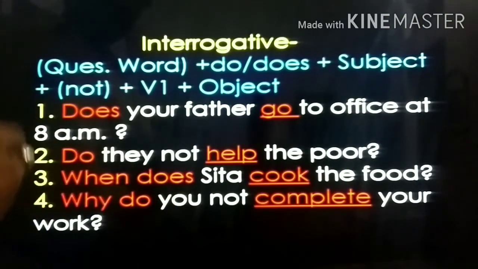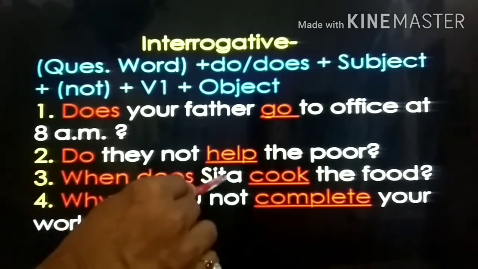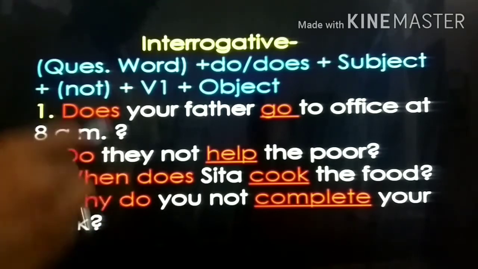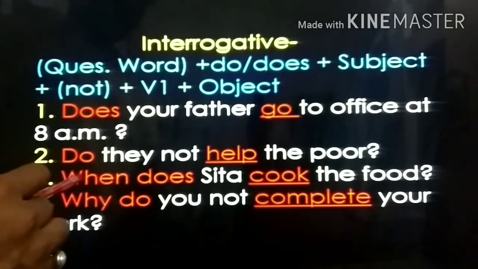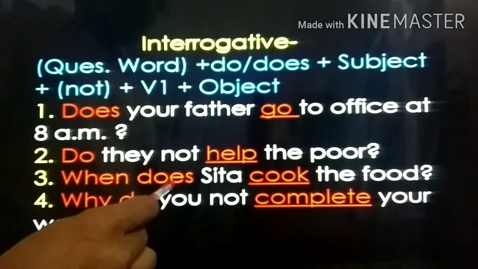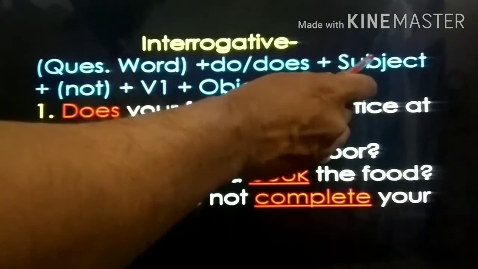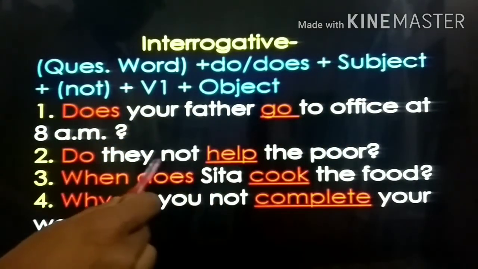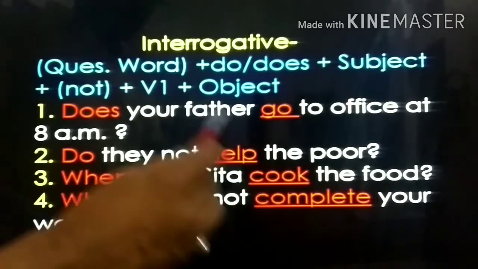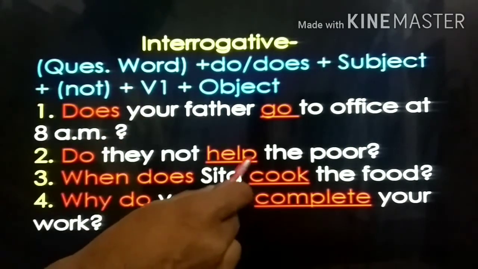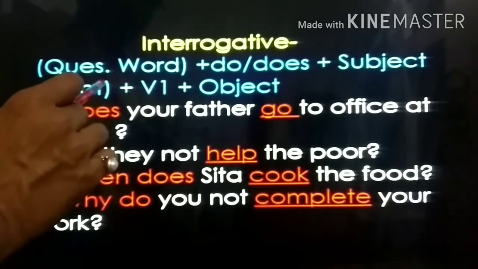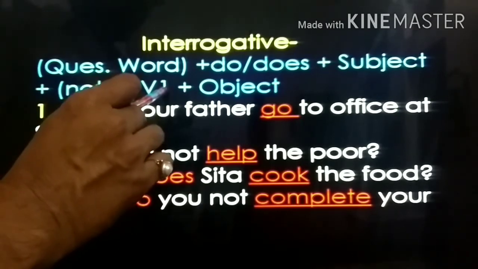Now third sentence. When does Sita cook the food? In this sentence, a question word is given. So first of all, we have written the question word, after that does. Why have we used does? Because Sita means singular subject. In that condition, we have used does. Subject. After that, first form. In this sentence, not is not given, so we will not write it. Only we are using the first form.